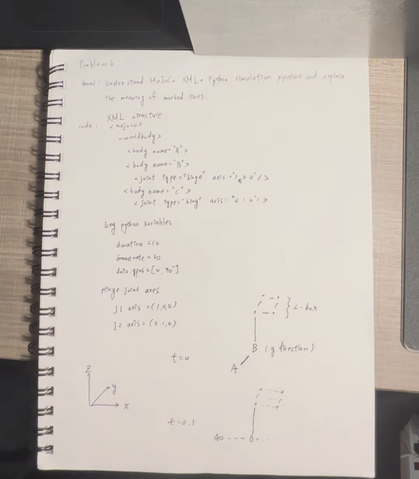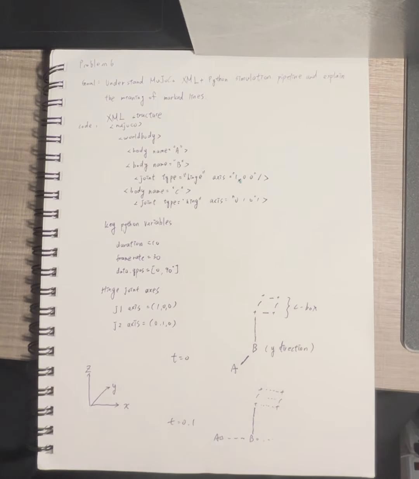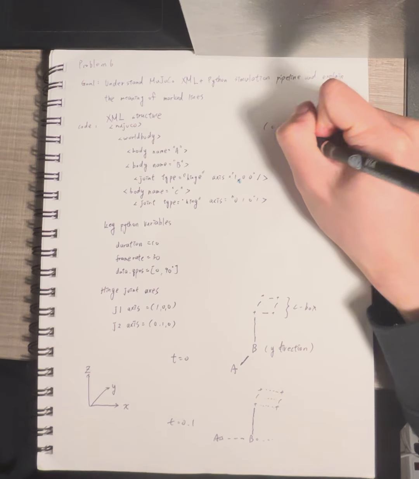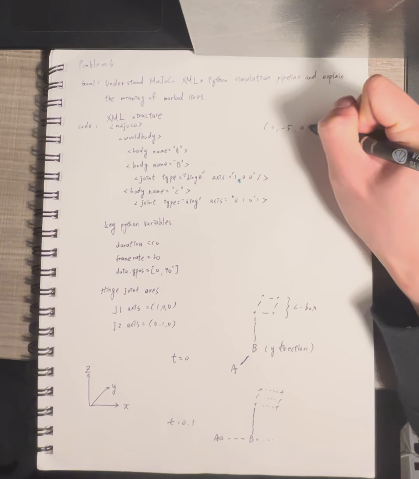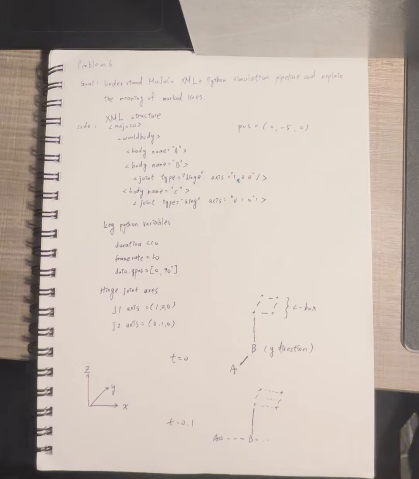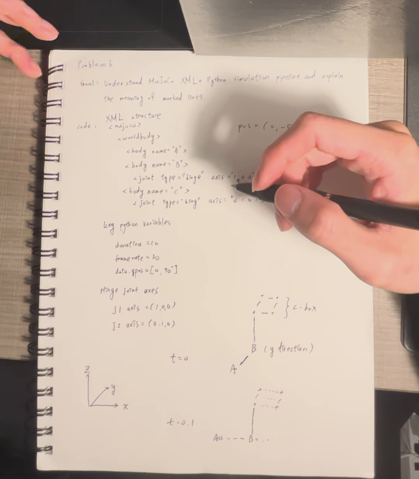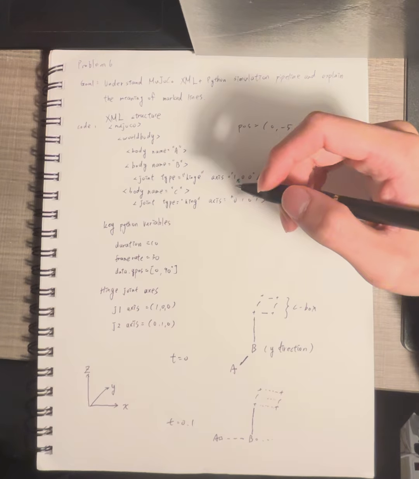The camera element defines a fixed camera in the world with pos at 0, -5, 0, the position, and pointing toward the scene. Overall, the XML describes the full physical structure and appearance of the model.